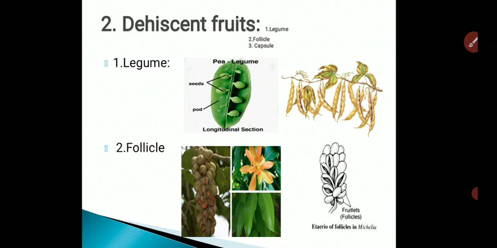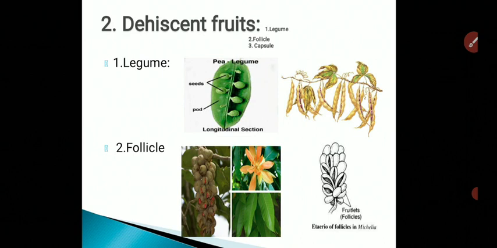First, the legumes. A legume is a dry one-chambered fruit with dehiscence along the two longitudinal sutures. Dehiscence starts from the terminal end and proceeds upward so as to expose marginally placed seeds. Look at the diagram here.